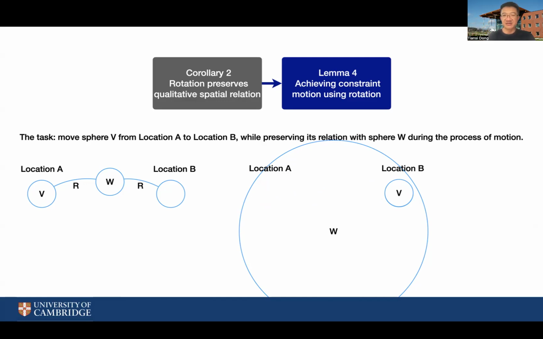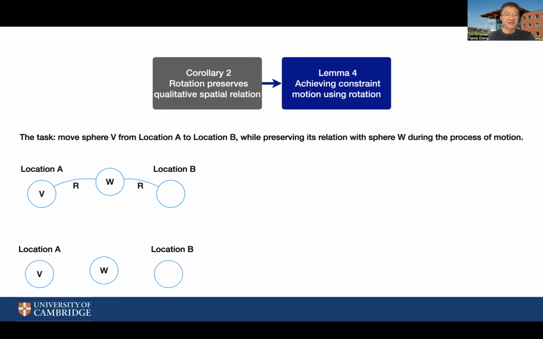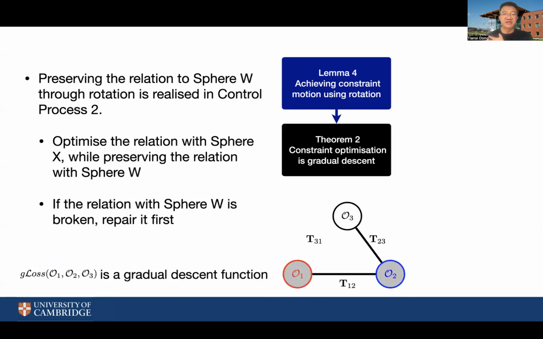It's just the circle of W. If V should be disconnected from W, and W stays in the middle between the current location and the target location, then we need to rotate at the right time and then continue. This is what lemma 4 talks about.